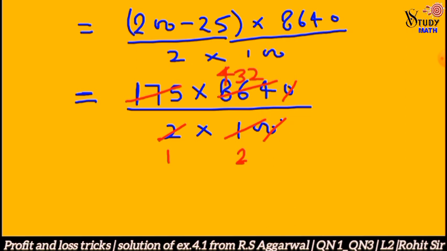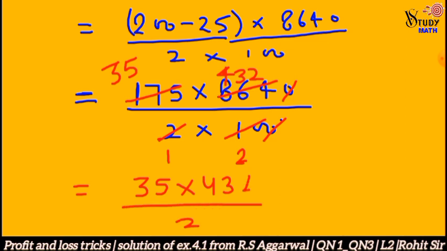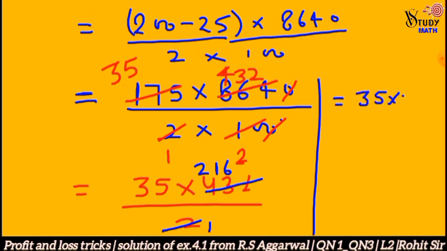So 5 3s are 15, 2 is remaining, 5 5s are 25. Now we have 35 going to be multiplied by 432 by 2. Now 2 1s are 2, 2 2s are 4, 2 1s are 2, 2 6s are 12. So now we have 35 multiplied 216.